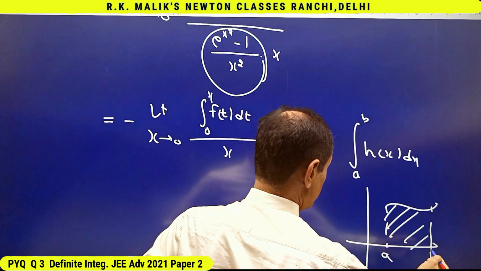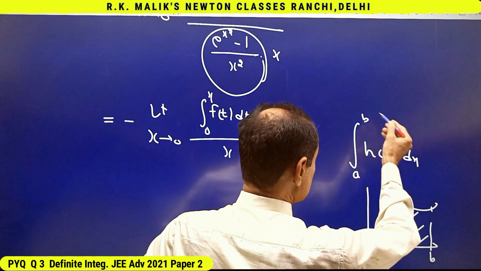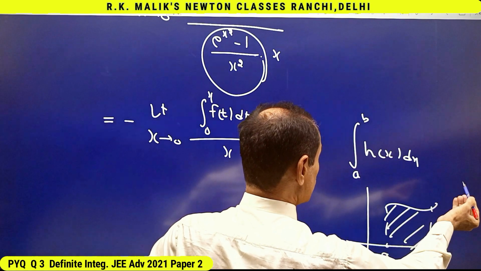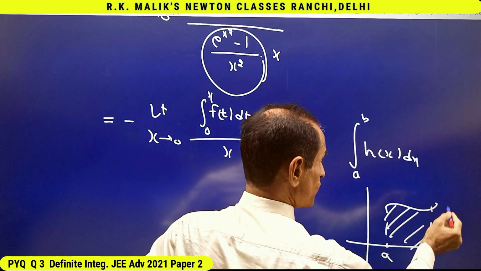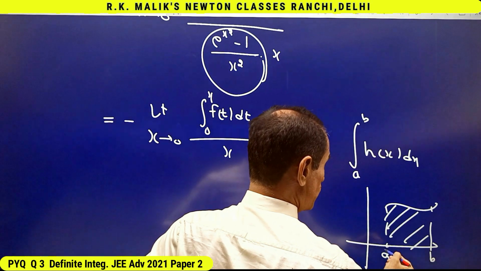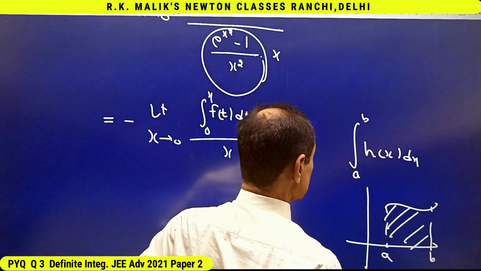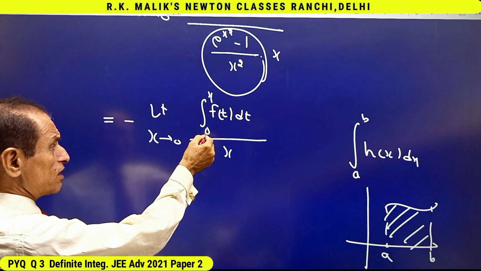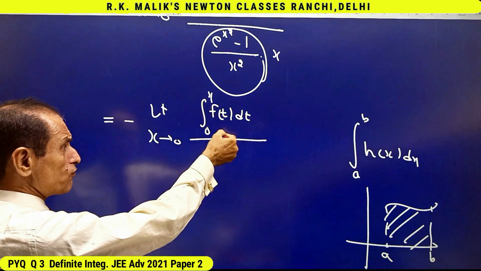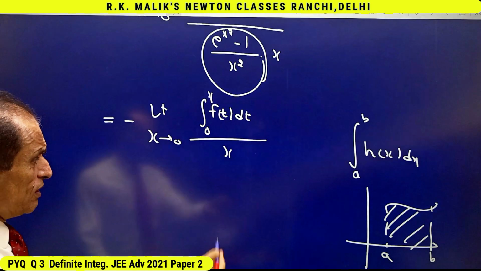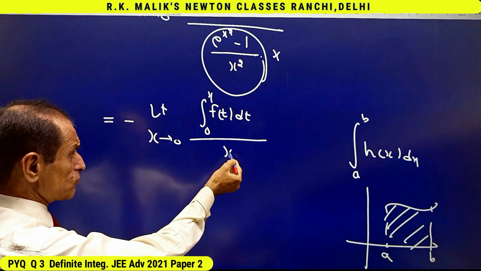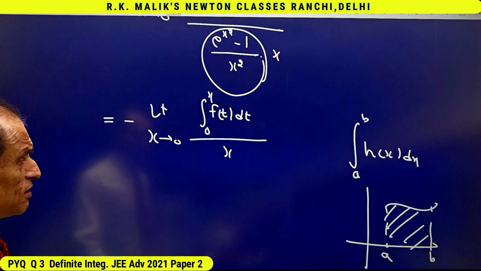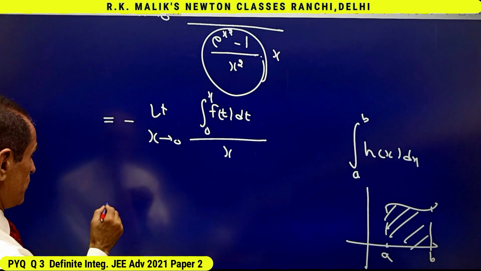But in case b is tending to a, then the area will be surely tending to 0 whatever the graph is. If b is tending to a, the limit of this part will be surely 0, and here x is coming nearer and nearer to 0, therefore the limit of the numerator is sure to be 0. The denominator is already tending to 0, hence I can say this is in 0 by 0 form.